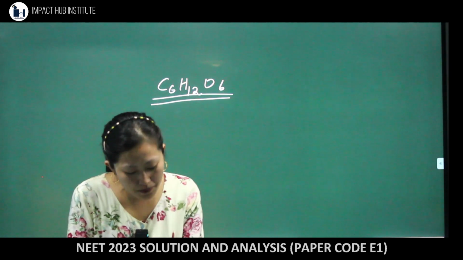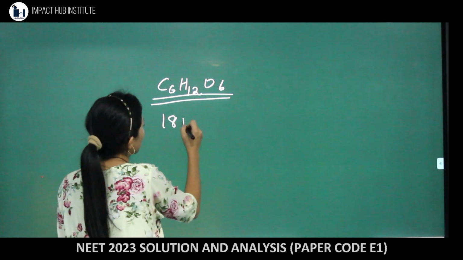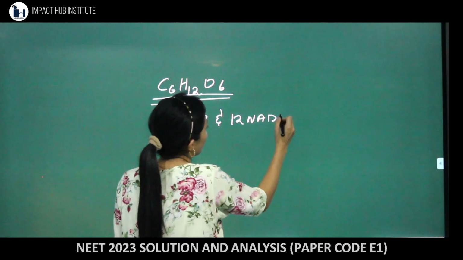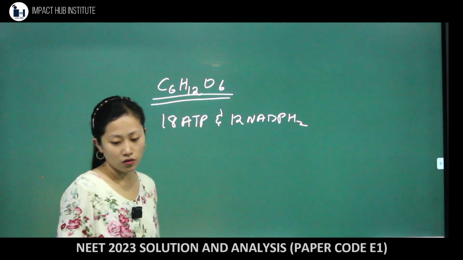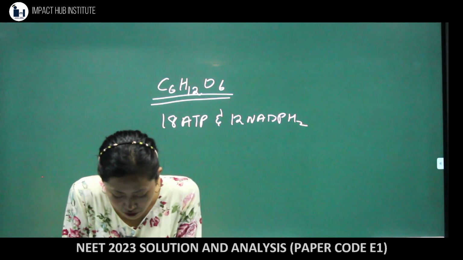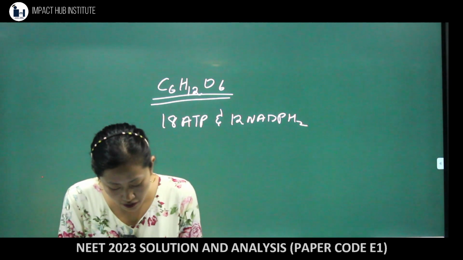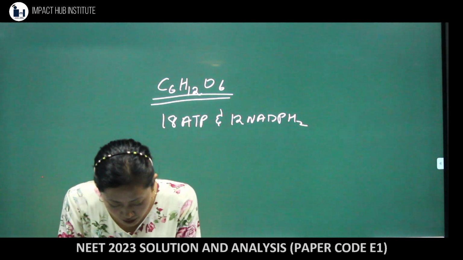So 18 ATP and 12 NADPH2. In order to synthesize one molecule of glucose, 18 ATP is required and 12 NADPH2 is required. So the correct option is 2.